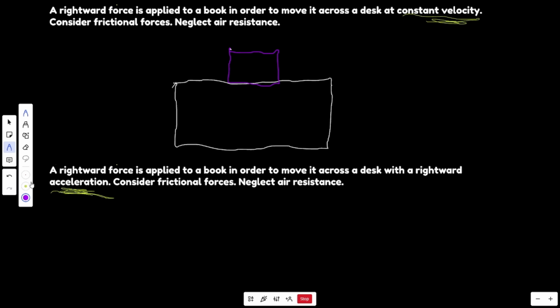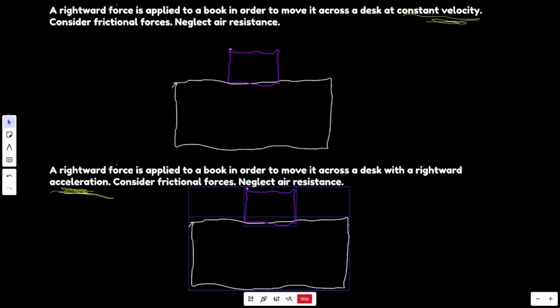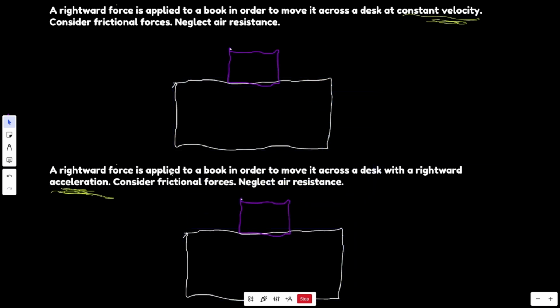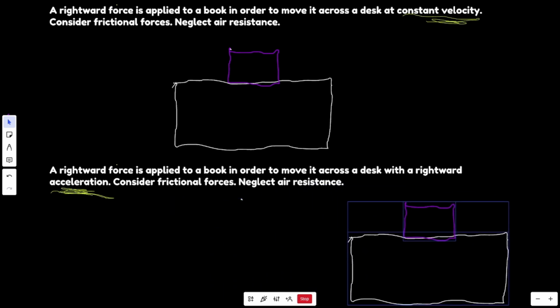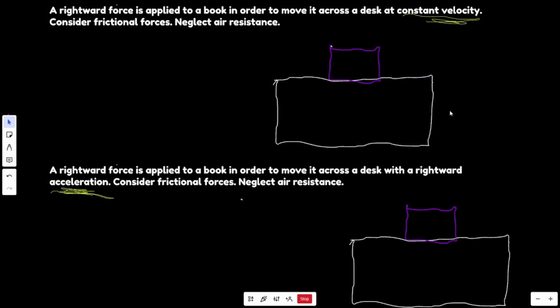Now, in both situations, there's going to be gravity and a normal force, of course, because the box is resting on a surface. So wait, let's make this over here so we have space for the arrow. Same on this side.